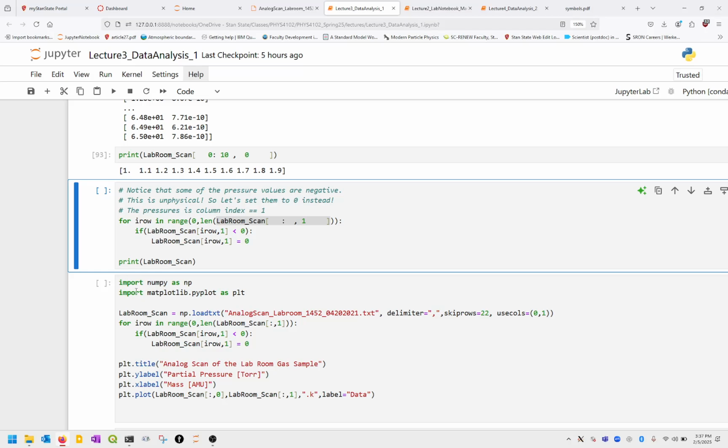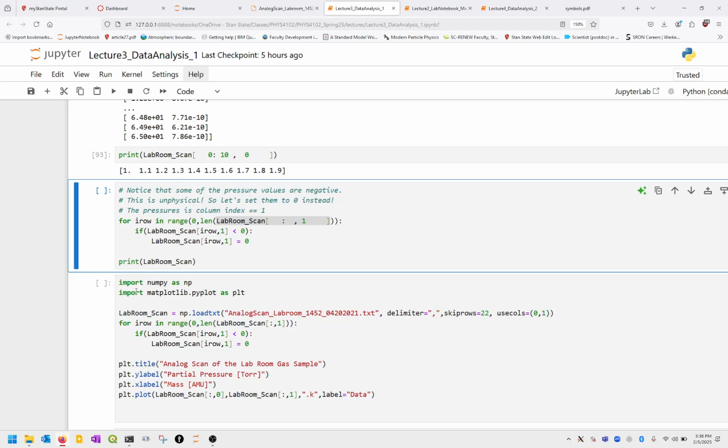For every one of these rows, if that value is less than 0, and this is an if statement, there's also a little colon after this, so it's using the colon in 2 different ways, and you have to know what it means depending on where it is, then, since I don't want negative numbers, I'm just going to set it to 0. This little algorithm makes sense, right?